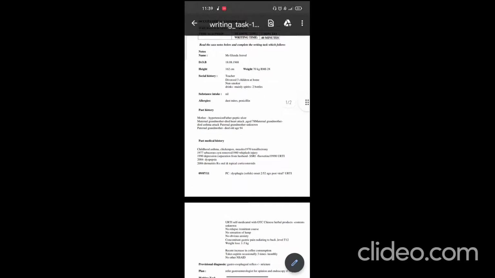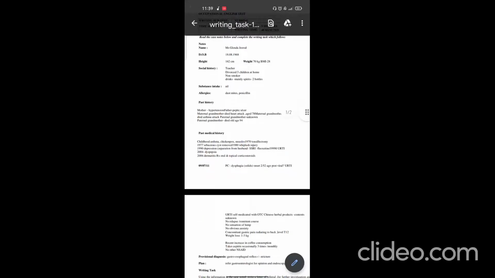So it is only for the referral purpose, for assessment, further investigation and definitive diagnosis. Here you can put a tick mark or star on the name of the patient and the age, divorced, drinks mainly spirits, 2 bottles, and allergic to dust mites and penicillin. These allergies are very important.